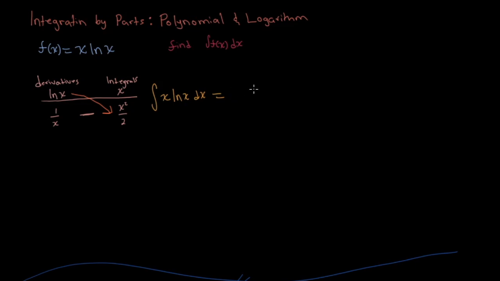In fact, I'm going to write it a little bit better this way: x squared over 2 times ln x, minus. This is where it's different.